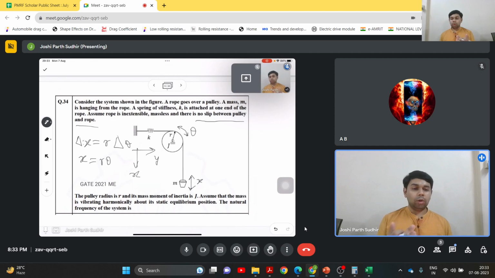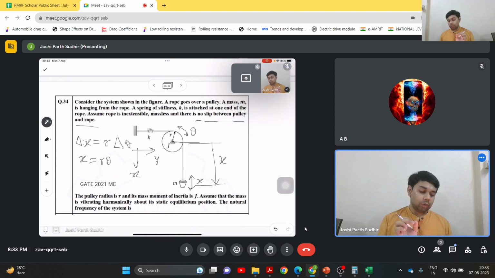Or if we do not want to define it with respect to the equilibrium position, we can choose a coordinate system at the center of this disc, let us say, and then we define the position of this mass as x, let us say.